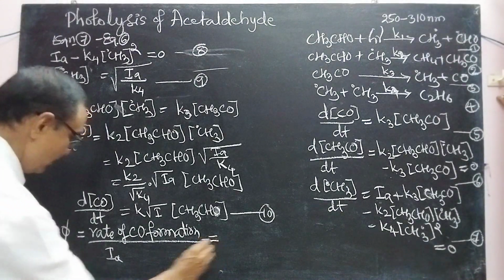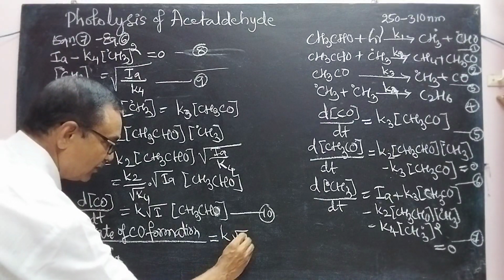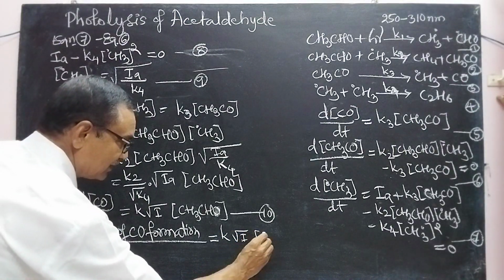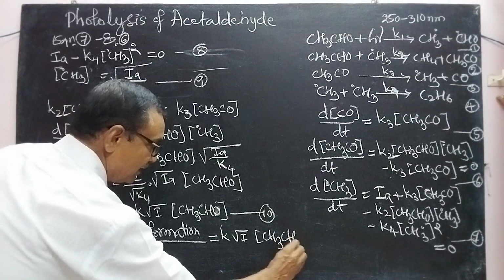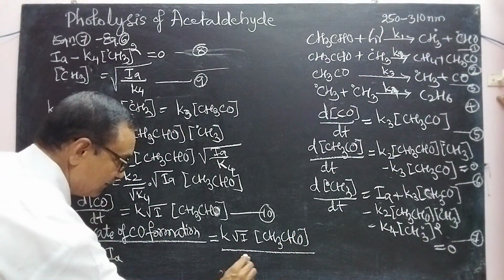Thus we may write this rate is equal to K root I into the concentration of CH3CHO, acetaldehyde, divided by IA.